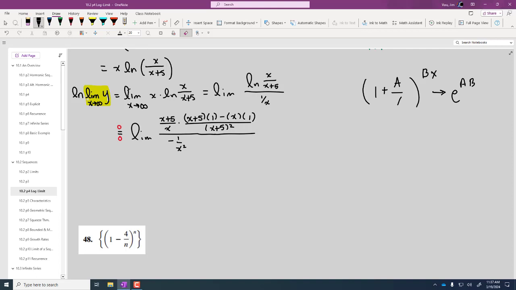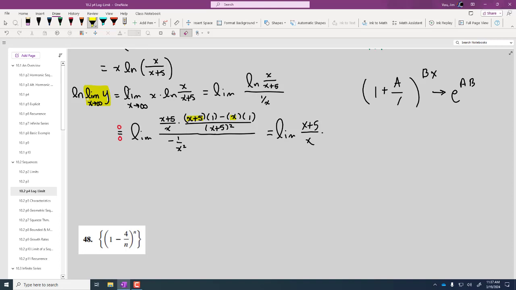Now we can simplify a lot of stuff here. So we're going to have a limit. Let's just leave this front stuff alone. This x plus 5 over x, I'm going to leave that alone. We're going to flip this in a minute. We'll get to this denominator in one moment. Let's just simplify what's up here. So we're multiplying by 1. So really all we have is x plus 5 minus x.